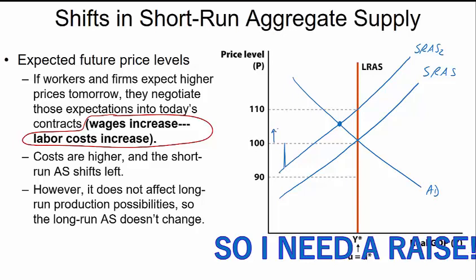That's going to bring the price level higher and output reduced. So when I'm talking about output, I'm talking about the new equilibrium crossing the x-axis. When I'm talking about price level changes, I'm talking about the equilibrium crossing on the y-axis. So that's expected future price levels, and how that can change current costs as far as wages go.